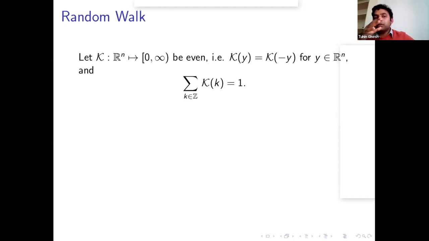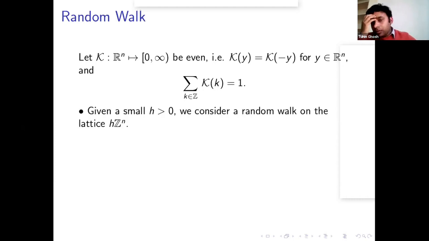For instance, like in the continuous case, one of the easiest ways to think is e to the power minus x squared, some constant times e to the power minus x squared, which is even, and you have this normal distribution where the integration is 1, and so on and so forth.